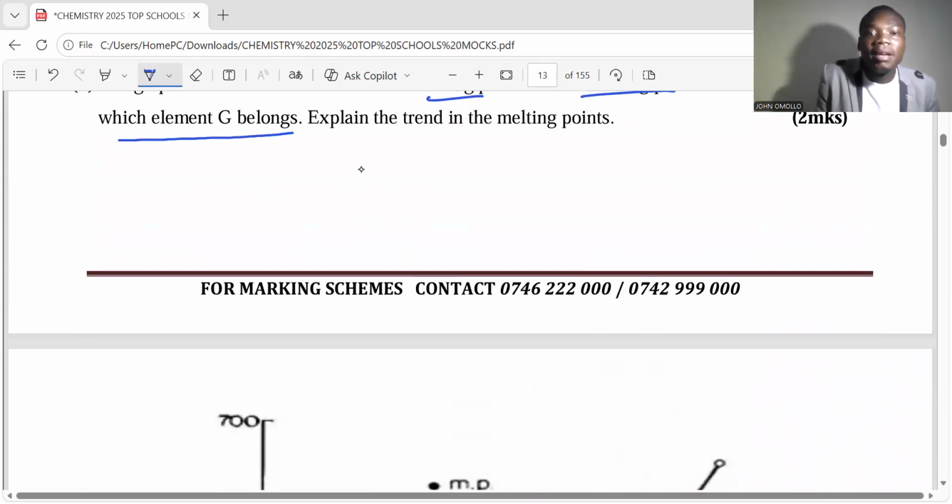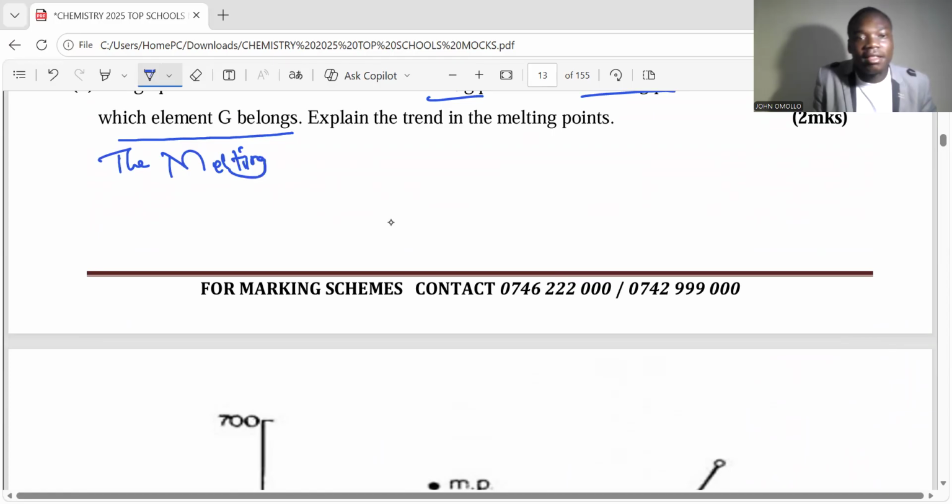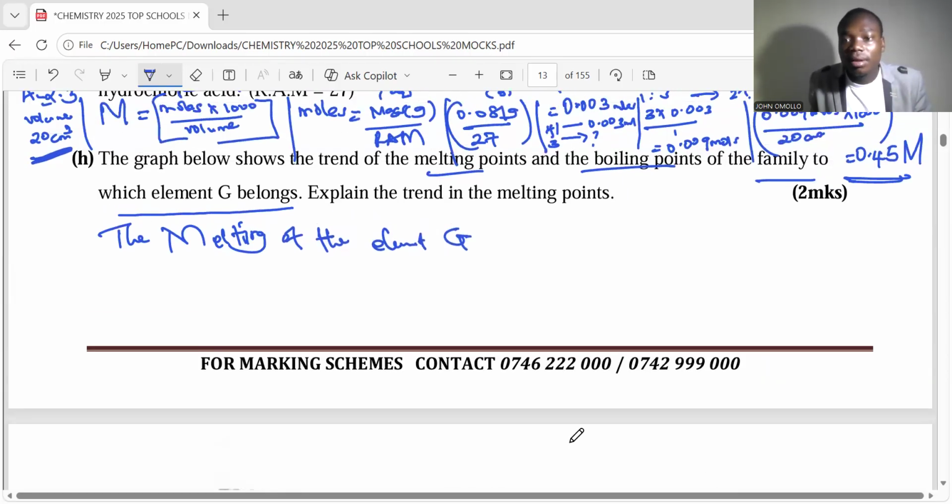So we need to explain by saying the melting point. This one was simple because we see it direct. Explain the melting points, I mean, of the family to which G belongs.